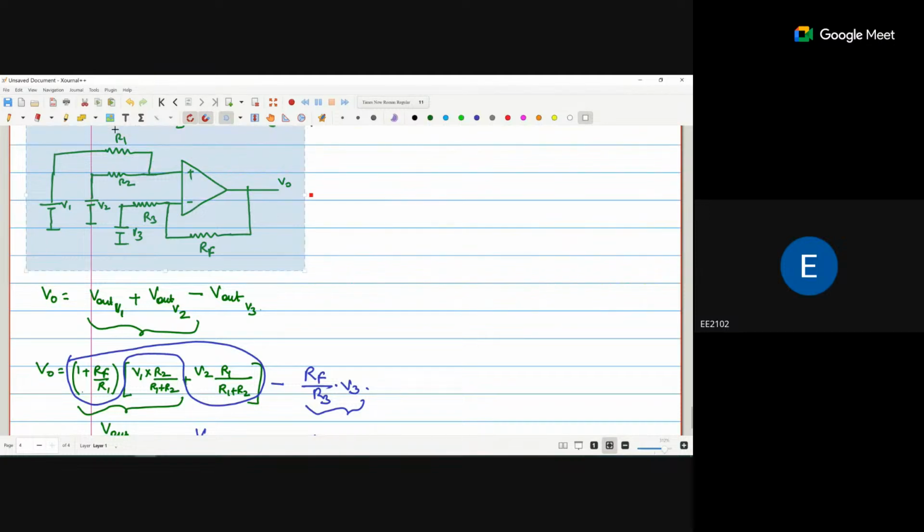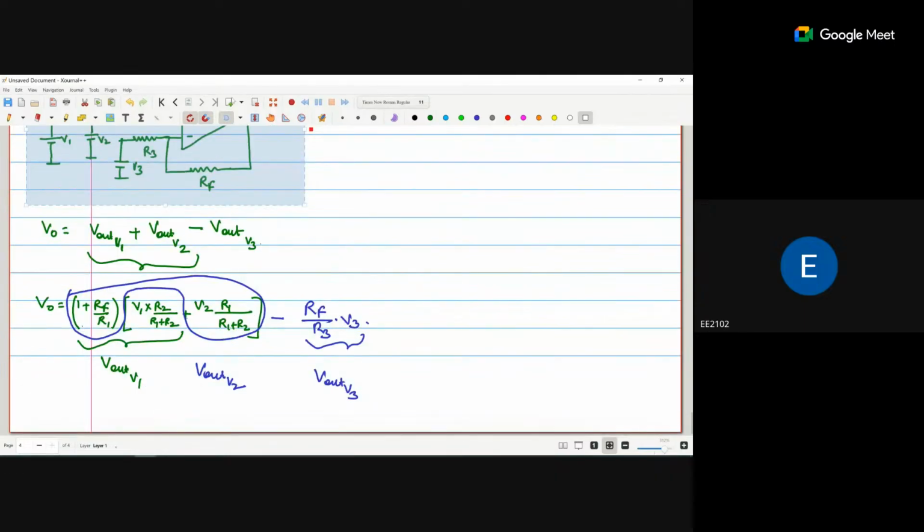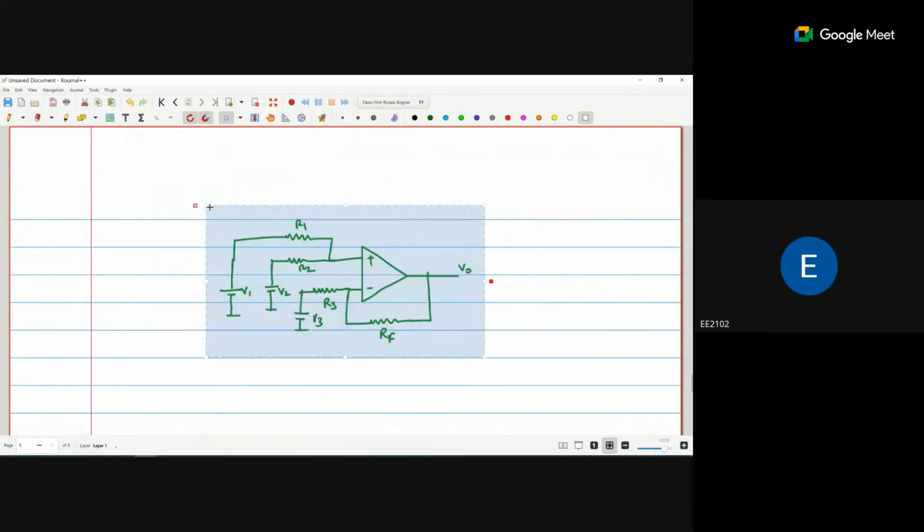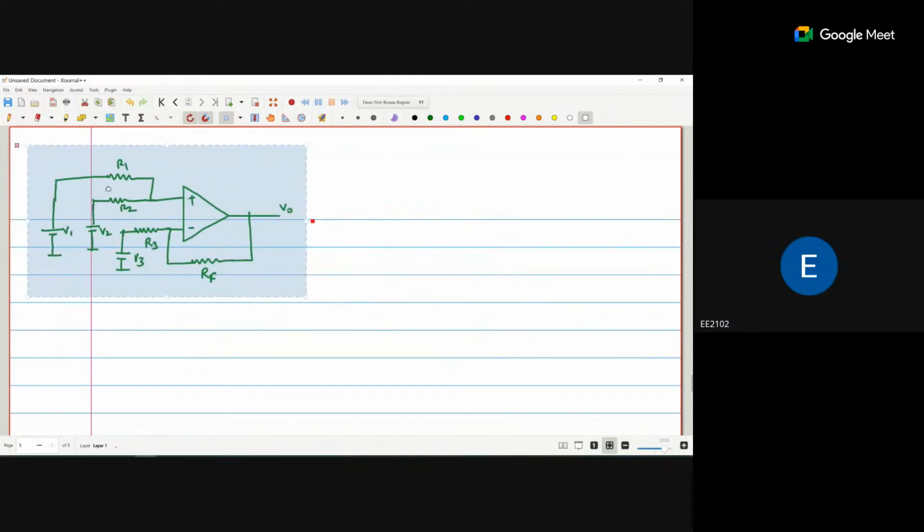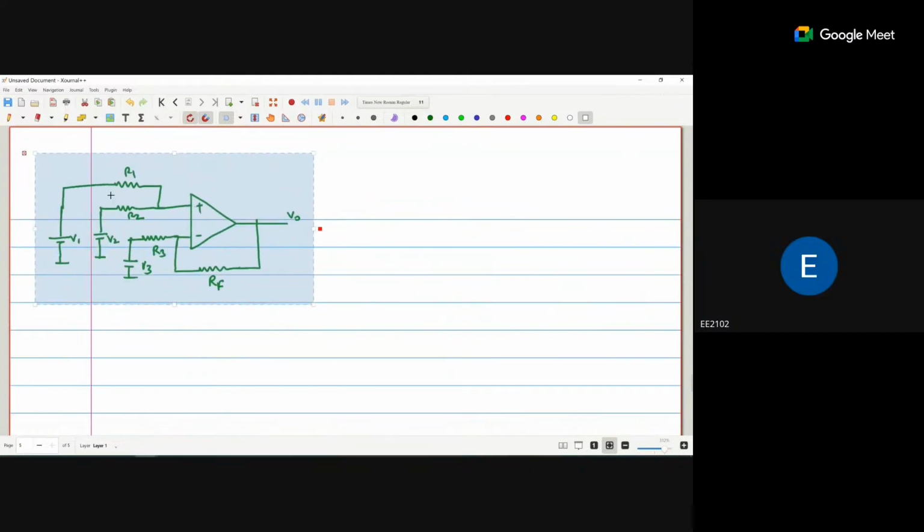Apply the superposition theorem. Are you trying that?